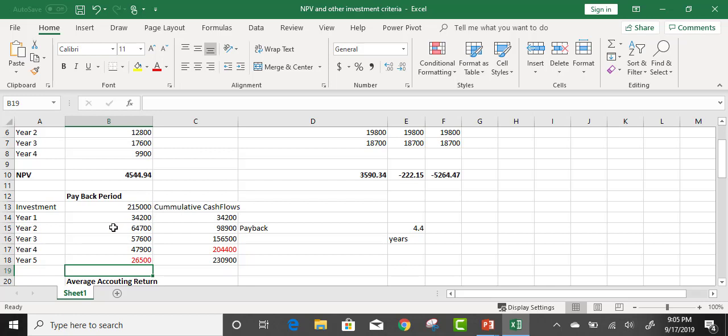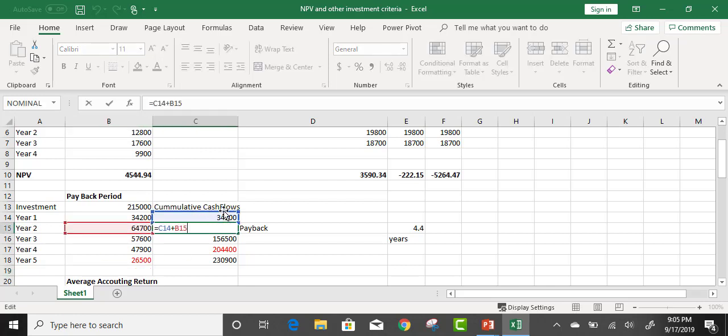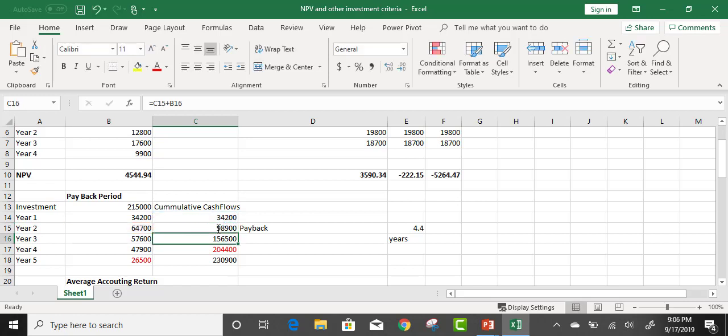The cash flow in the first year is $34,200. The cash flow in the second year is the cash flow in the first year plus the cash flow generated by the project in the second year. So the summation of these two gives you the cumulative cash flow. Likewise, you can find the cumulative cash flow for the third, fourth, and fifth years.